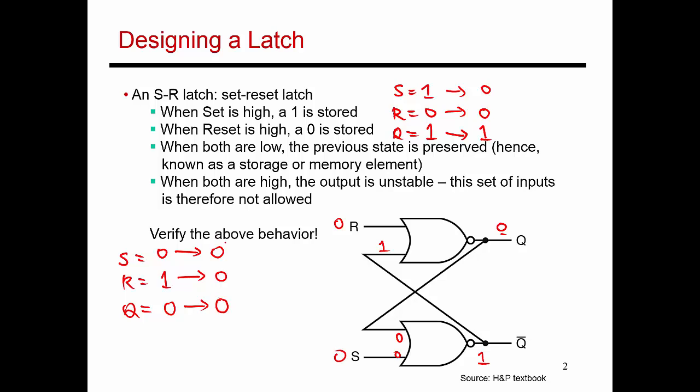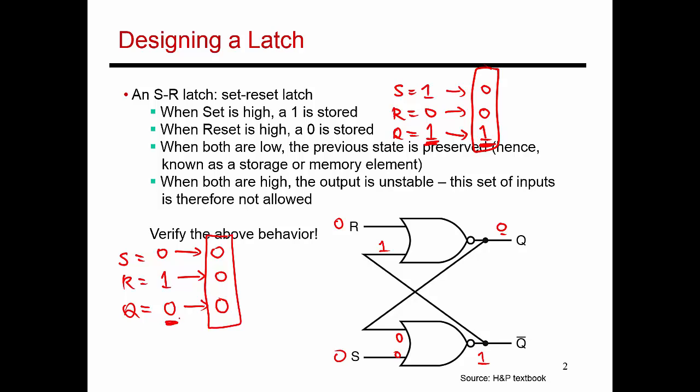So you'll see that this case over here and this case over here are actually different. The inputs are the same. The input S is 0, the input R is 0, but in one case the output Q is 1, and in the other case the output Q is 0. Right? So this is not entirely a combinational circuit in some sense. What the circuit is doing is it's remembering the last value of Q. Previously Q had been 1, and so the output remained 1.